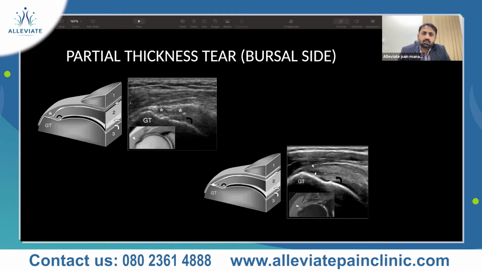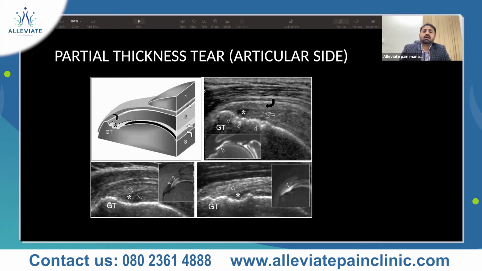So basically there is fluid accumulated there, and it's a bursal side tear. The corresponding MRI is also there. Similarly, in this as well, you have a bursal side tear.